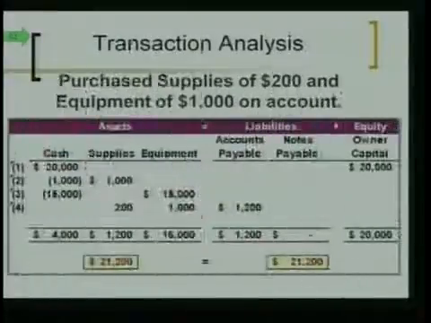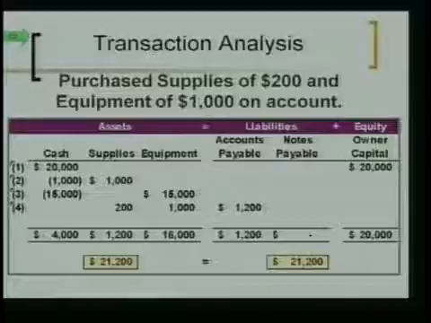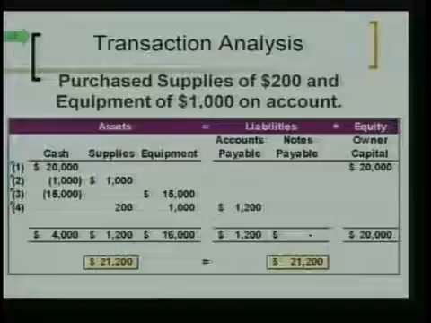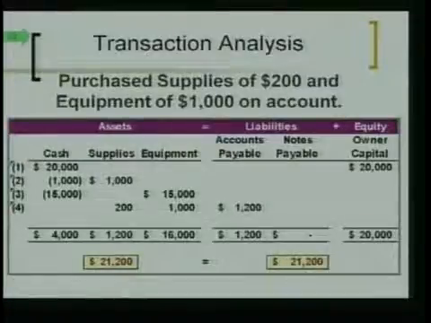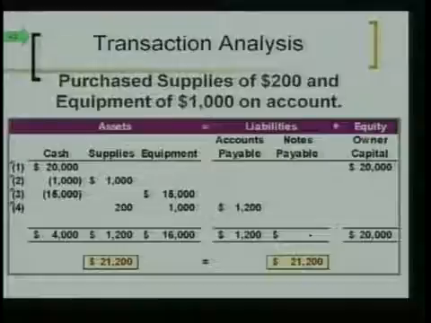Well, let's take a look. Supplies goes up by $200. Equipment goes up by $1,000. And accounts payable goes up by $1,200. Sometimes people make the mistake, they think accounts payable goes down or it's a negative. No, accounts payable goes up, right? We owed them $0. Now we owe them $1,200.